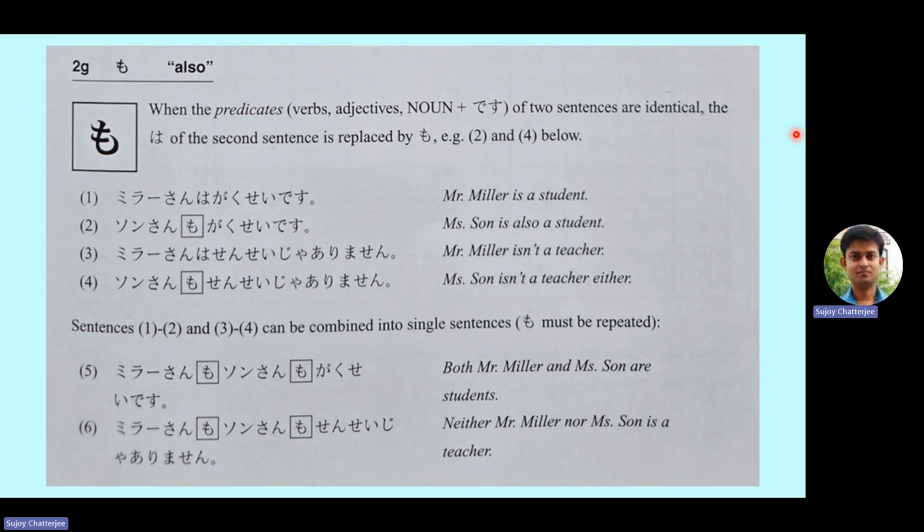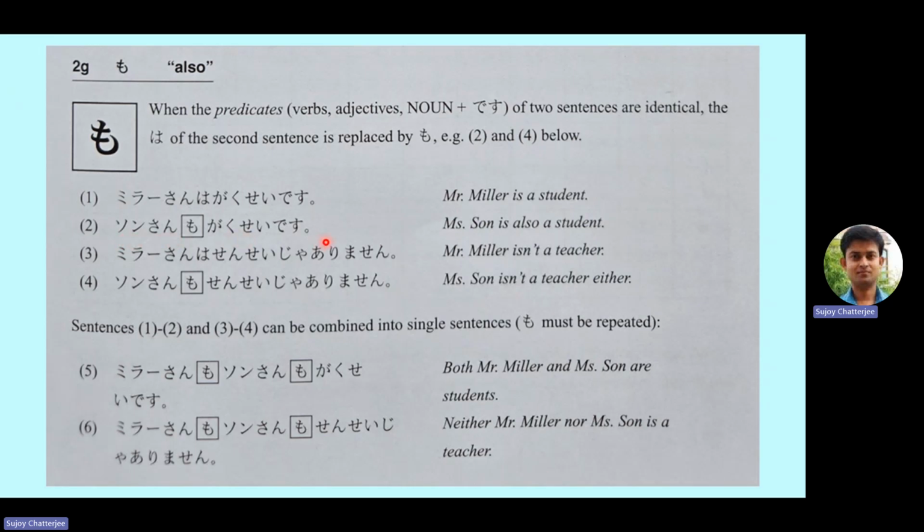So the meaning of also will be given by the mo particle, and we will replace the wa with mo. Let's understand this using an example. Mr. Miller is a student. Mira-san wa gakusei desu. Miss Son is also a student. So Son-san mo gakusei desu. Here we will not write Son-san wa gakusei desu.